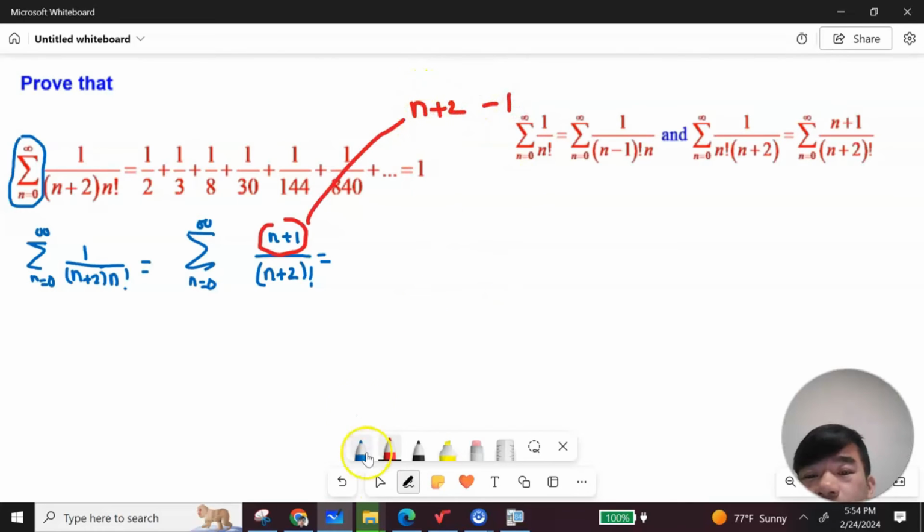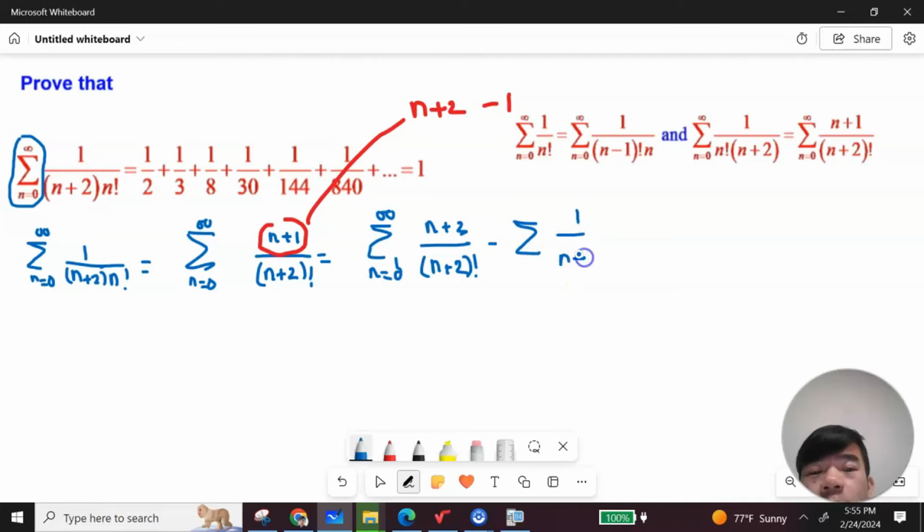Then I separate them, so I rewrite this as the sum from n equals 0 to infinity of (n plus 2) over (n plus 2) factorial, minus the sum from n equals 0 to infinity of 1 over (n plus 2) factorial.